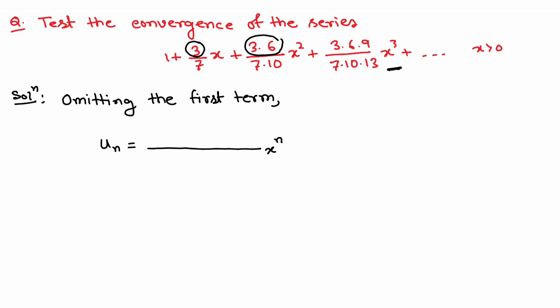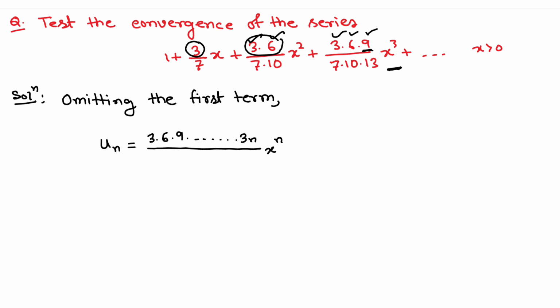Second term is 3 into 6, that means the first term into 3 into 2. Next term is 3 into 6 into 9, that means the previous two numbers into 3 into 3. So obviously the nth term will be 3 into 6 into 9 dot dot dot, and the last number is multiplied by n, so this will be 3n.